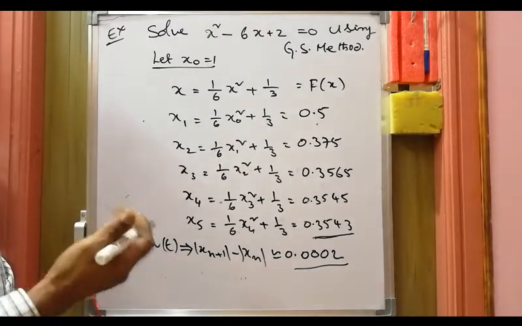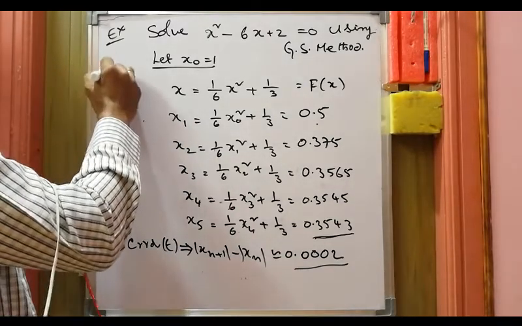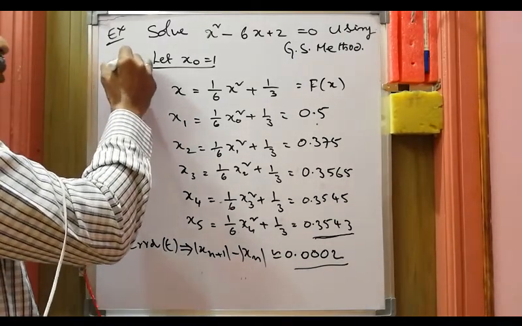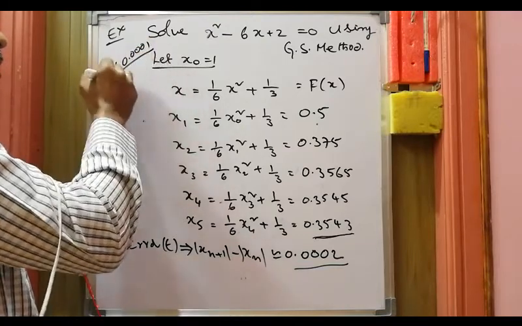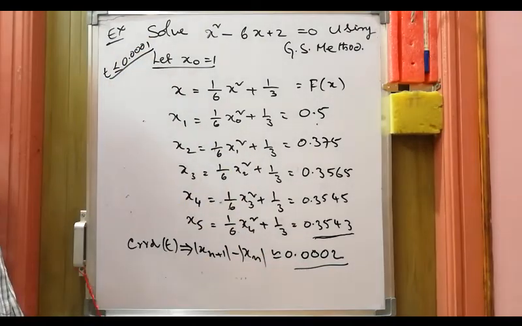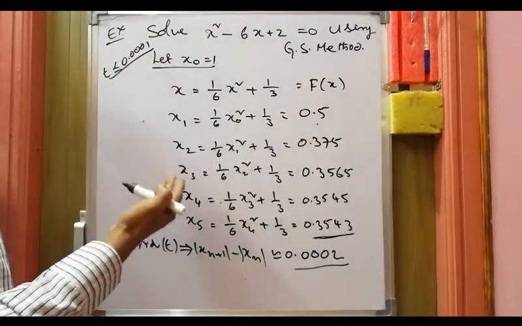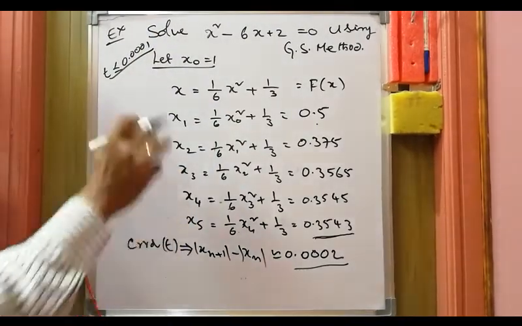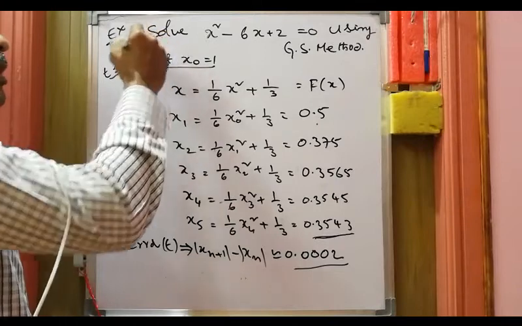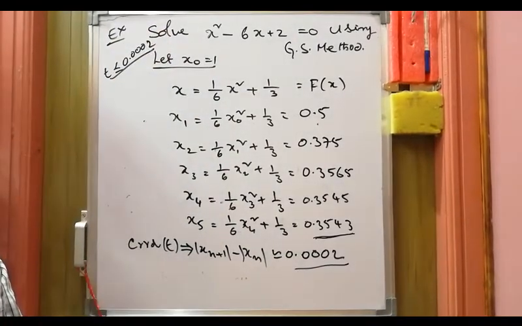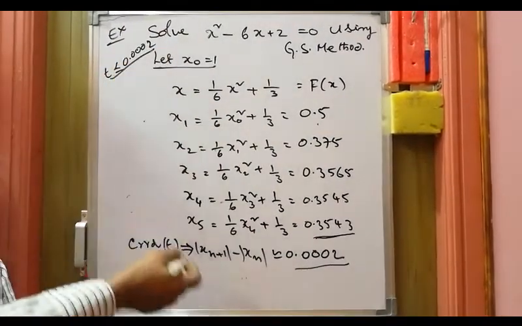Suppose if the problem says error is to be less than or equal to 0.0001, then you are supposed to continue further up to the point where the error becomes 0.0001. And if the problem says error 0.0002 is sufficient, less than or equal to, then you can stop here.